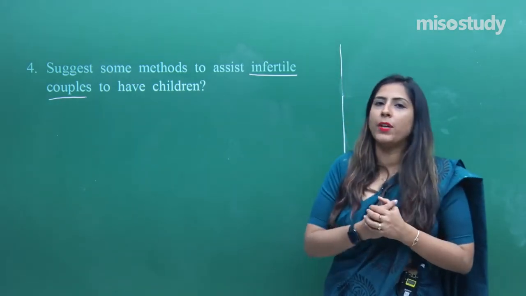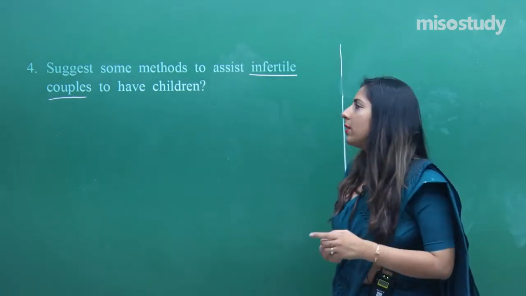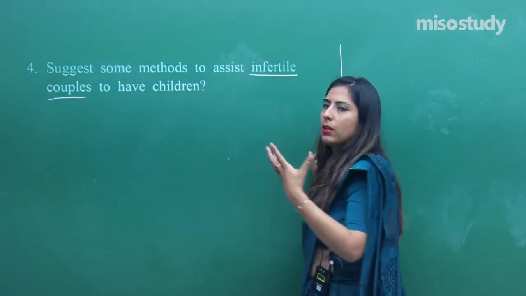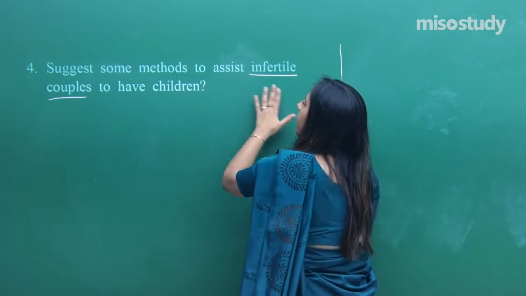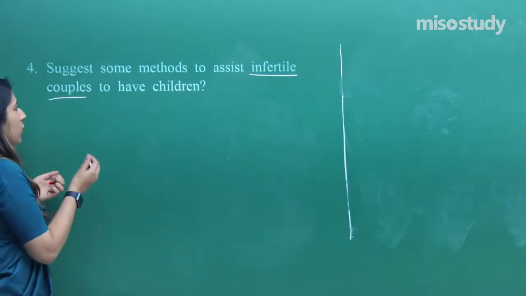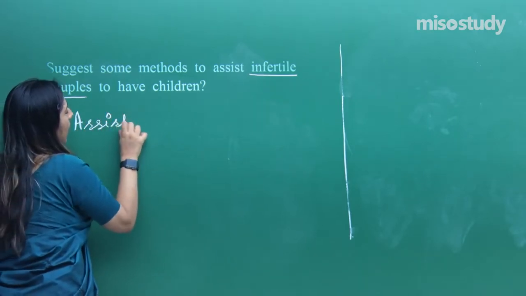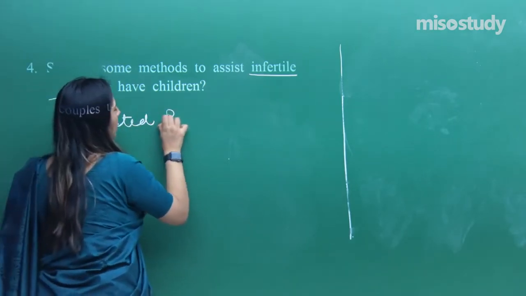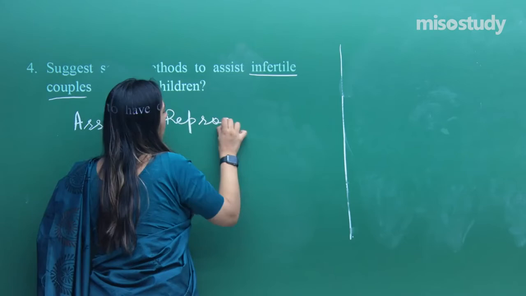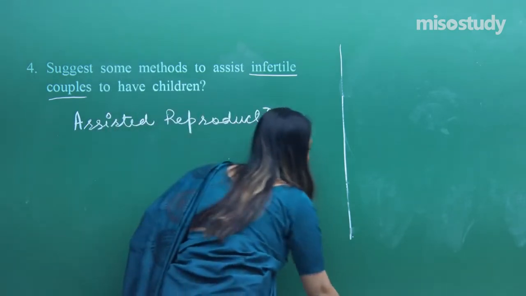In some cases, the female body is unable to carry the baby. In those particular cases, the couple go for assisted reproductive technologies, right? There are so many methods that a couple can adopt and these are called assisted reproductive technologies.